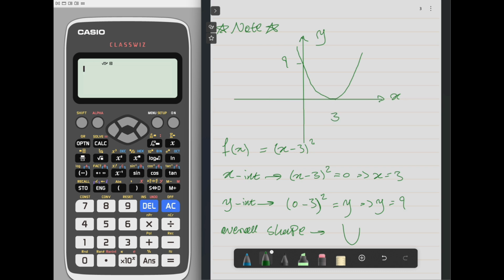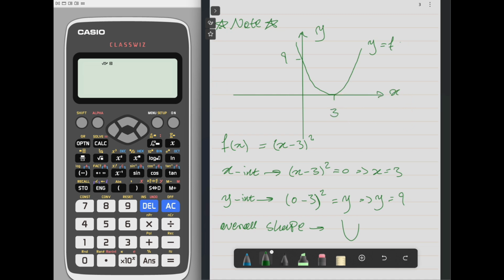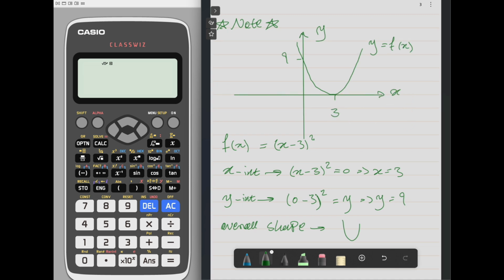So what do we see here, guys? Here at the point 3, 0, the graph of y equal to f of x will touch, pay attention guys, will touch the x-axis at the location of the repeated roots.